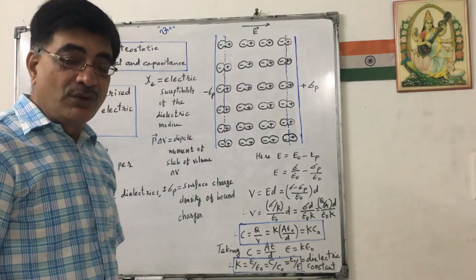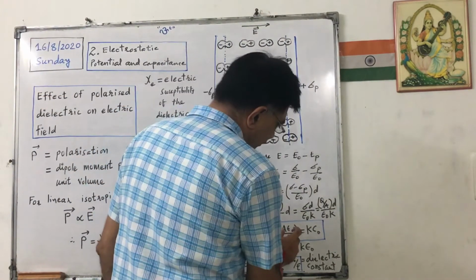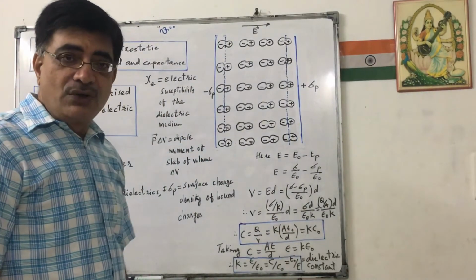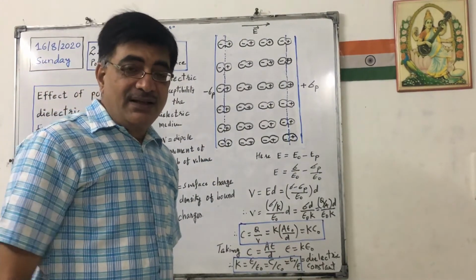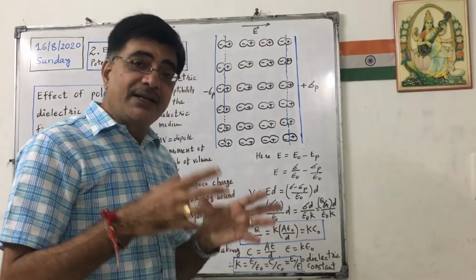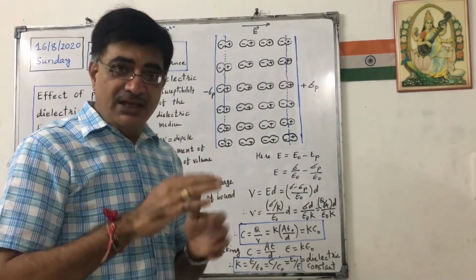Capital K. What is capital K now? See, in case of free space, we used the permittivity epsilon naught of free space. So if we fill some dielectric medium, we have to consider the permittivity of that dielectric medium.